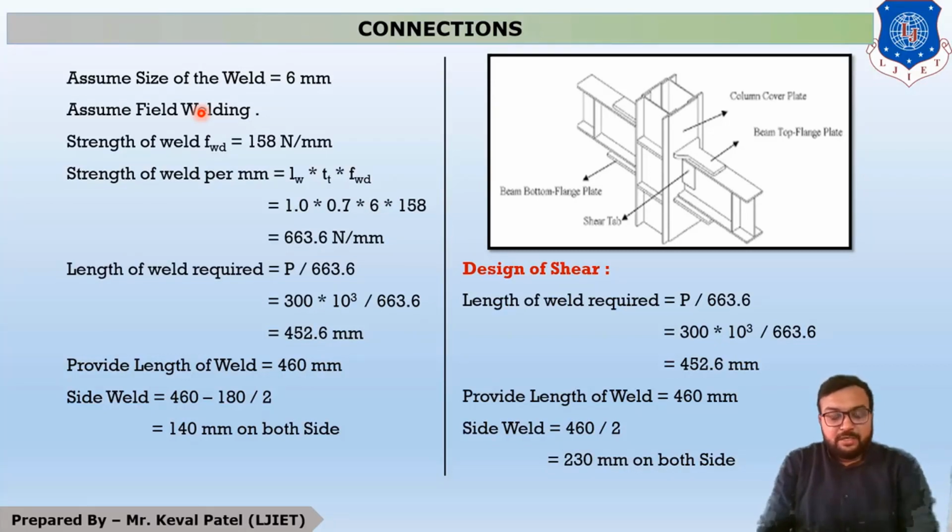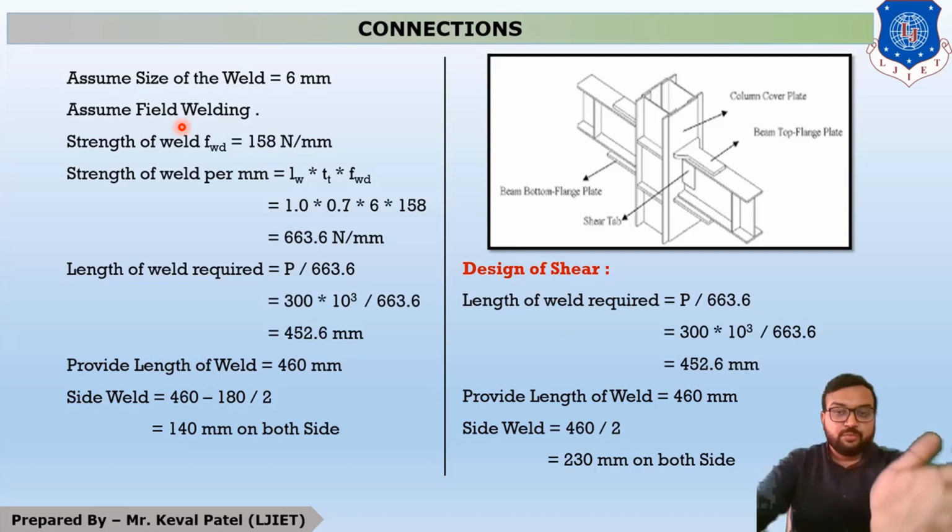So again we assume the size of weld is 6 mm. There are two types of welding, shop welding and field welding. For shop welding the design stress is 189, and for field welding the design stress is 158 Newton per mm square. We assume field welding over here; you can also assume shop welding whenever there is no clarification in the exam.